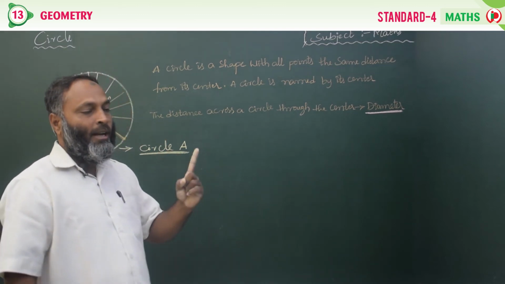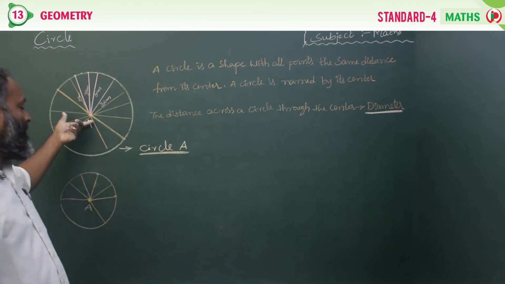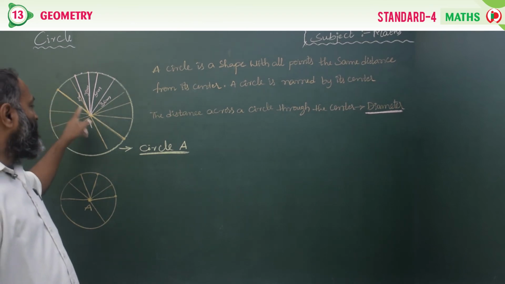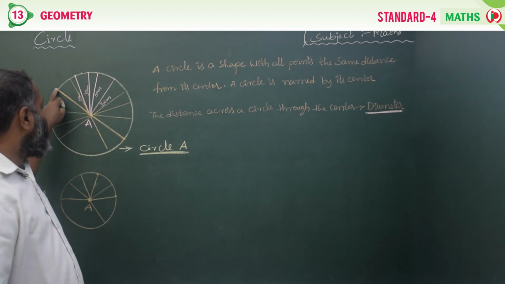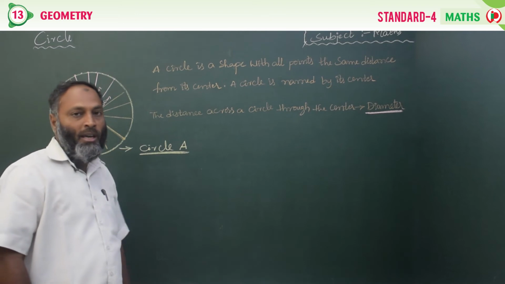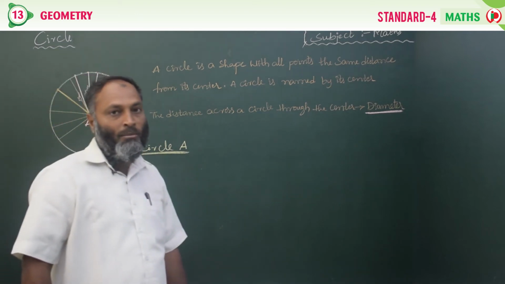Okay. Here, diameter and radius. What is the diameter? Diameter is also a distance. How? The line segment should pass through the center of a circle, and it also passes through 2 points on the circle. The 2 points on the circle and the center should be on the same line.